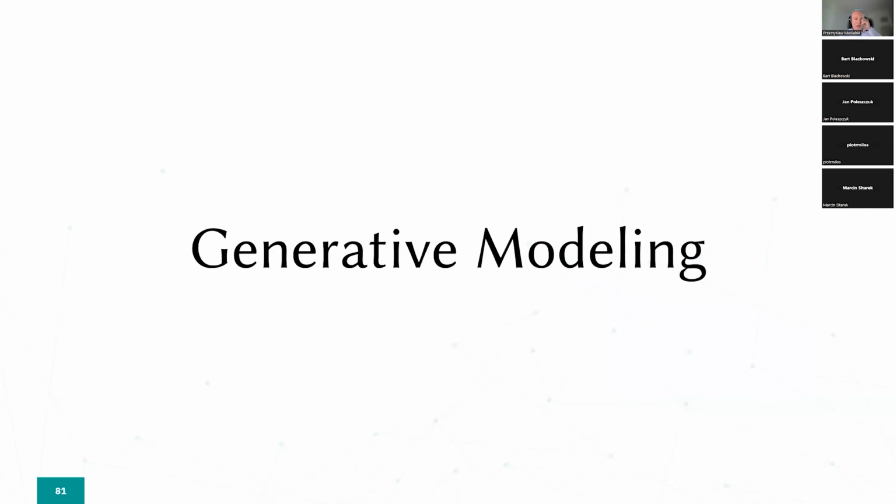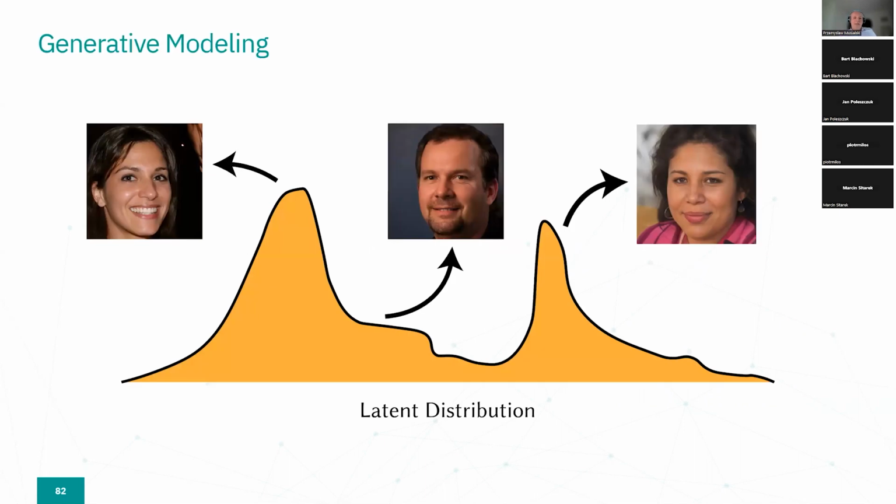Last few words on generative modeling, because this is like the hot topic in many terms. I tried to sell you, it's not a hot topic anymore. Now we are on neural radiance fields. But still, generative modeling is a new tool coming up, and it can be used together with neural radiance fields or neural fields in general.